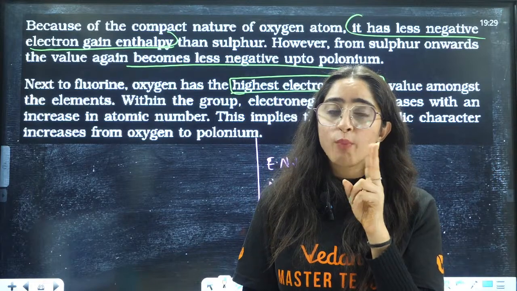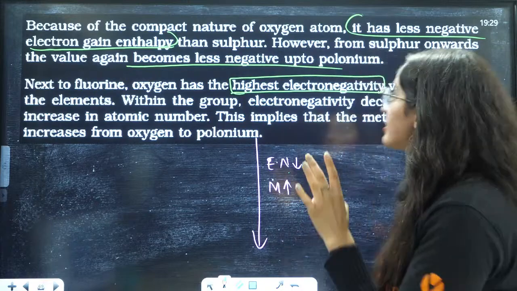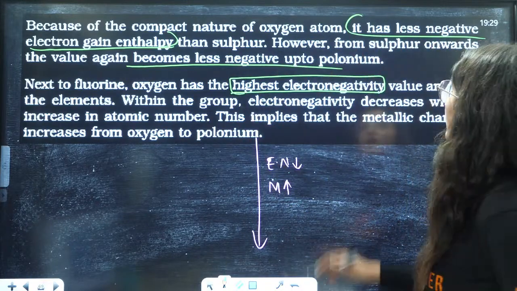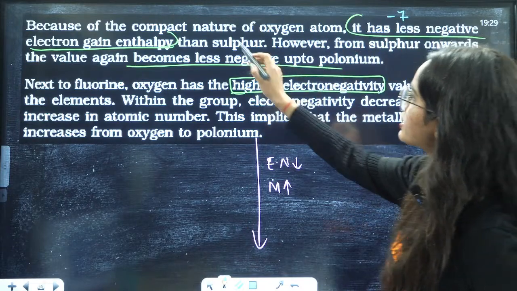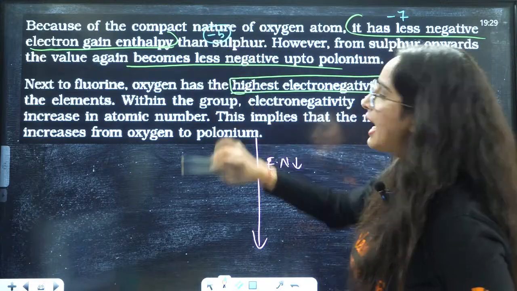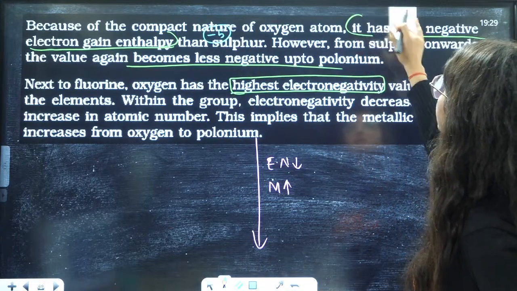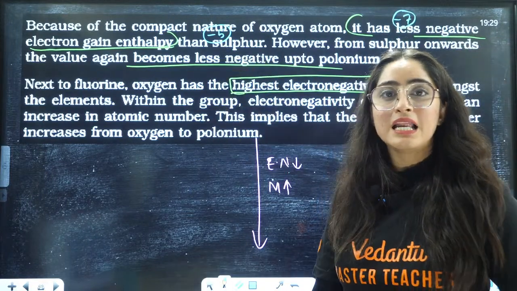And they have opposite signs to each other. So if they say it is less negative electron gain enthalpy, if I am saying this is -7 and this is -5, then we say less negative.